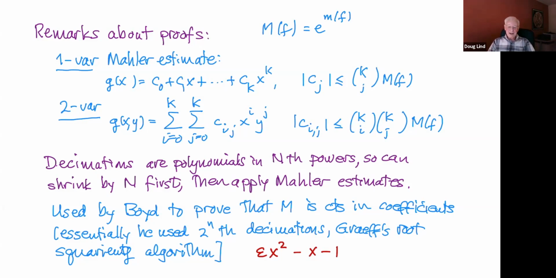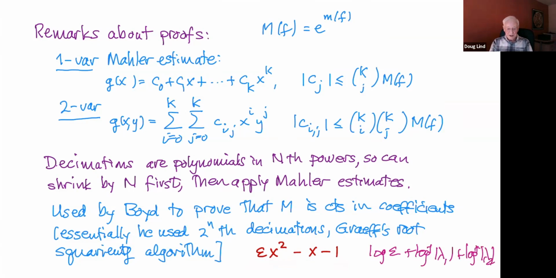The subtle point is what happens if a coefficient goes to 0, like at the boundary of the Newton polygon. For example, in this case, if you compute the Mahler measure, you'll get log of epsilon from this coefficient, and then plus the log plus of the first root plus log plus of the second root.